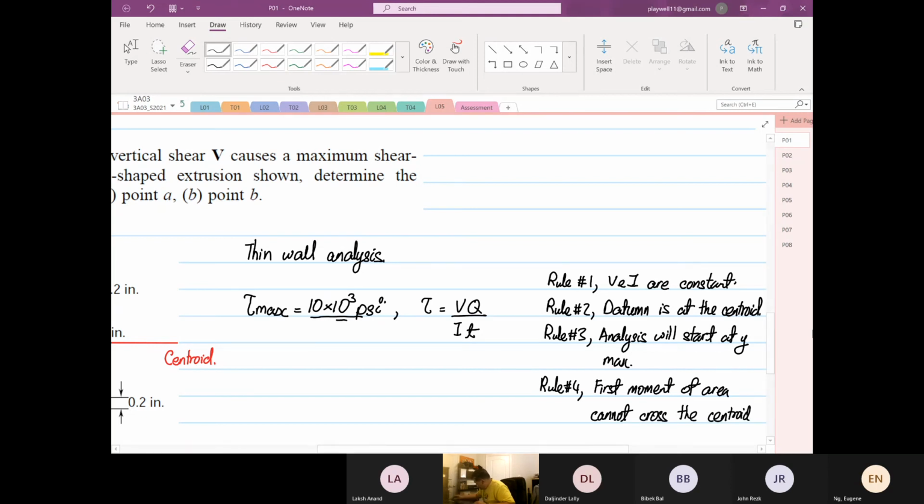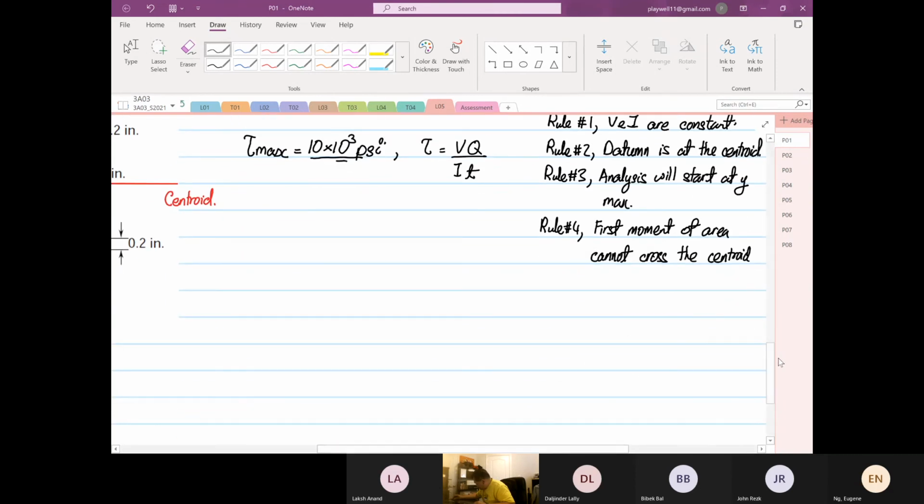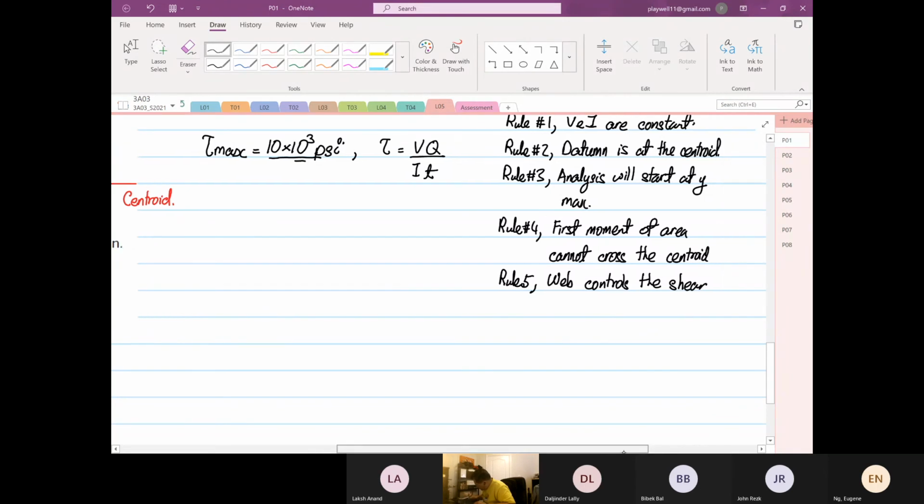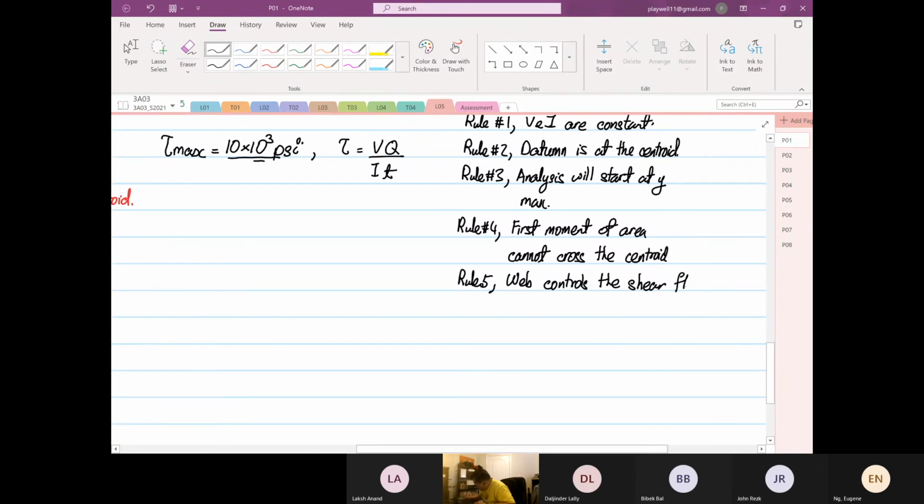And then another rule, rule number 5: the web controls the shear flow.